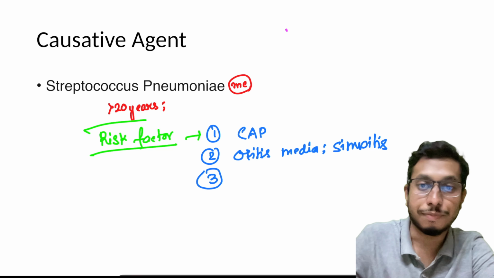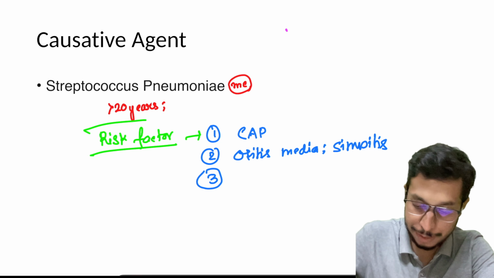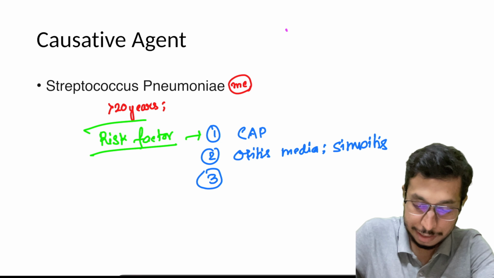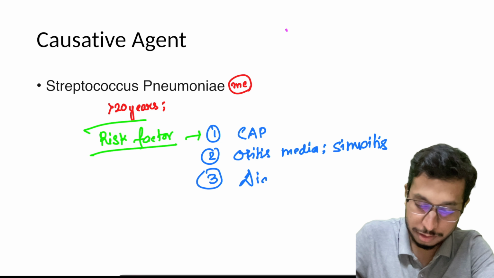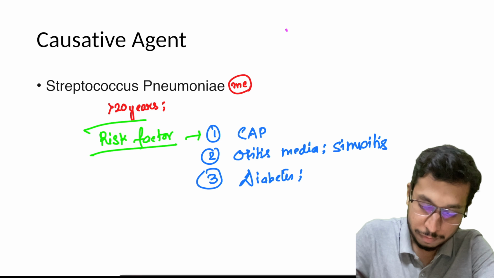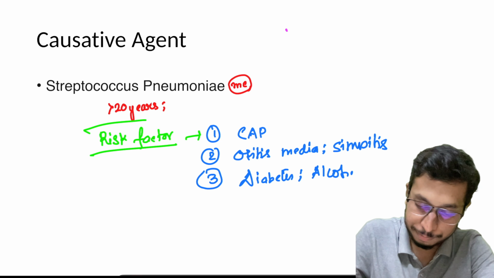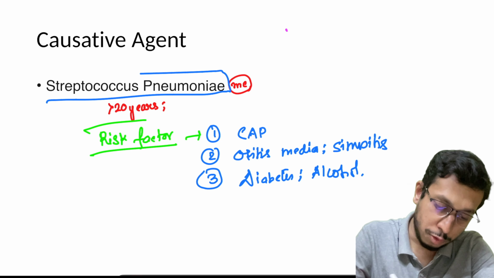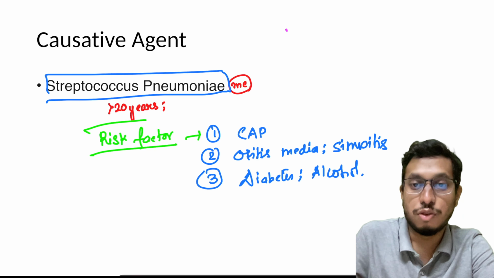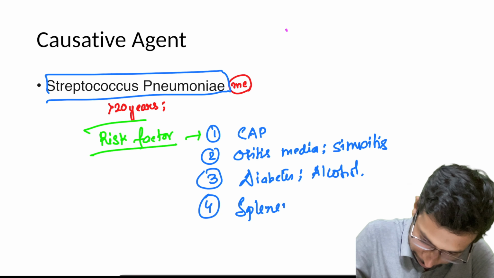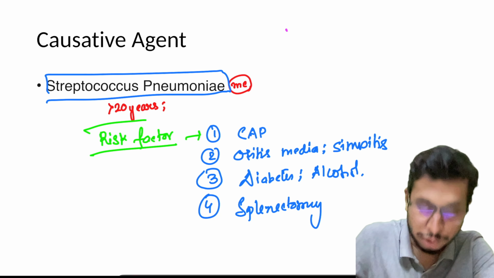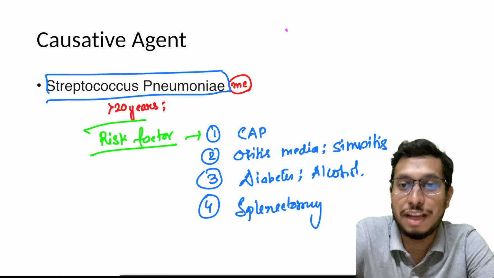Number 3, there can be other risk factors which predispose to this condition, like diabetes or alcohol. As it is a capsulated organism, splenectomy predisposes to this infection as well.